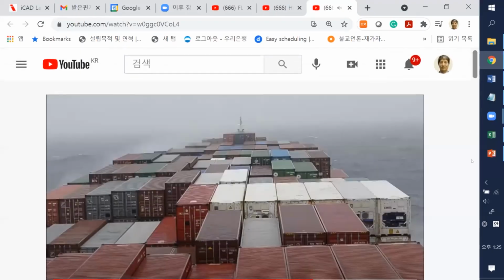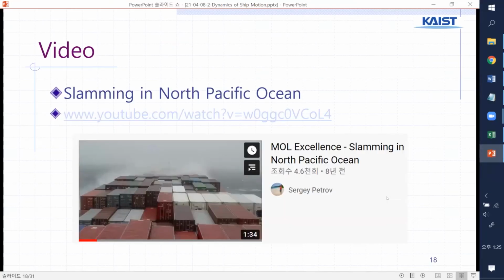Okay, so you see that water is coming over the ship up to the containers. Right? So you only see that video, but if you are staying inside the ship, then it looks like a roller coaster. Right? So it can be a very rough sea.